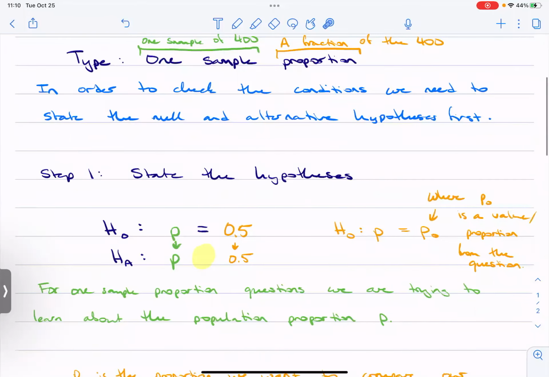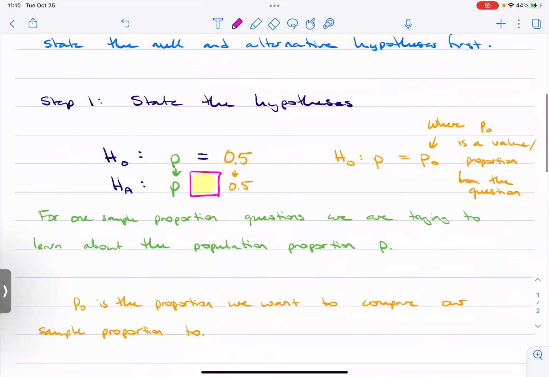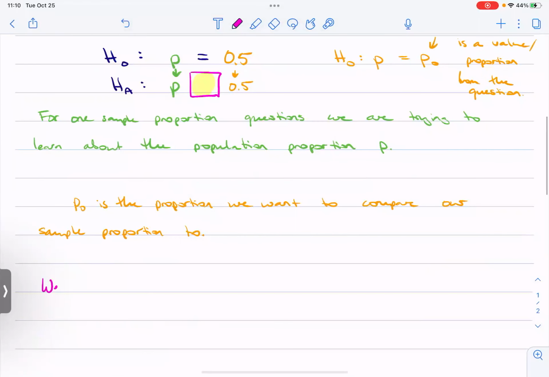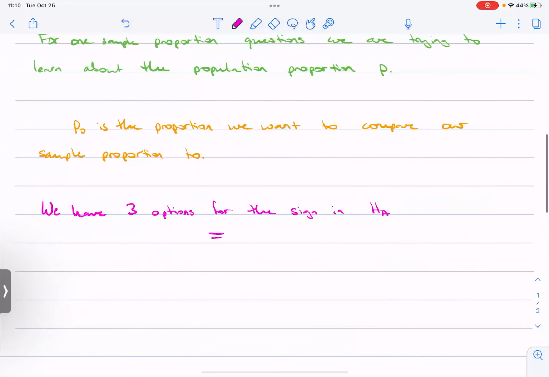So here we have three options for the sign in HA. We could have not equal to, which is if we want to know if there's a difference, less than, or greater than.